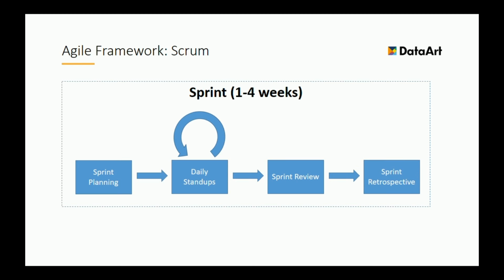After that, we have a sprint retrospective where we, within the team, discuss how the sprint went, what was done well, what was done not so well, how to improve, etc. So here we gather feedback from stakeholders. Here we gather feedback internally, and then adjust and repeat again. And this goes till the project's end.